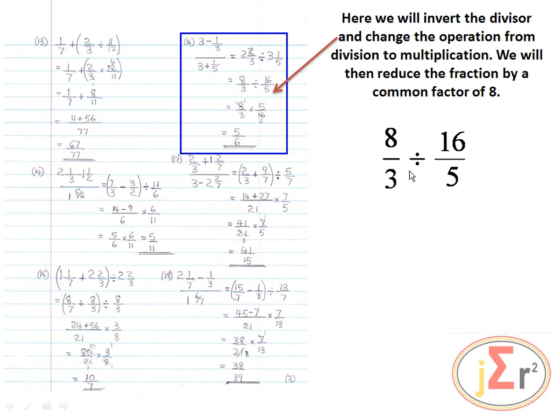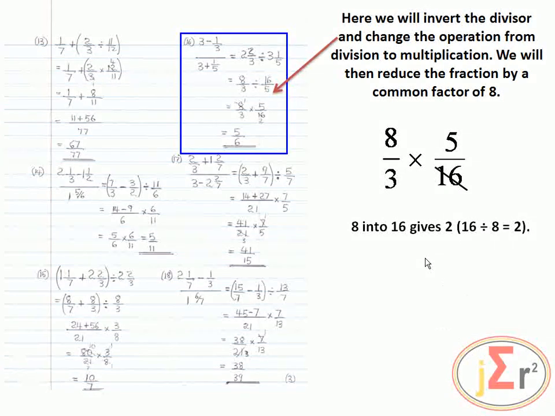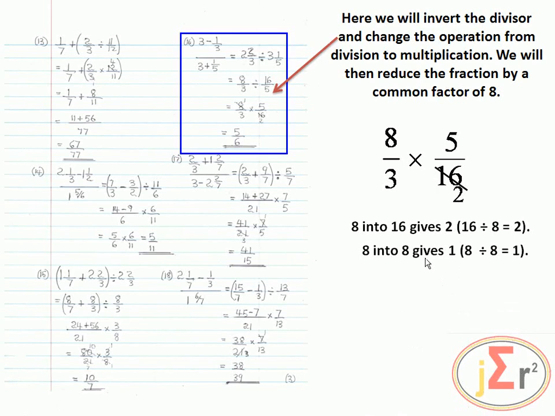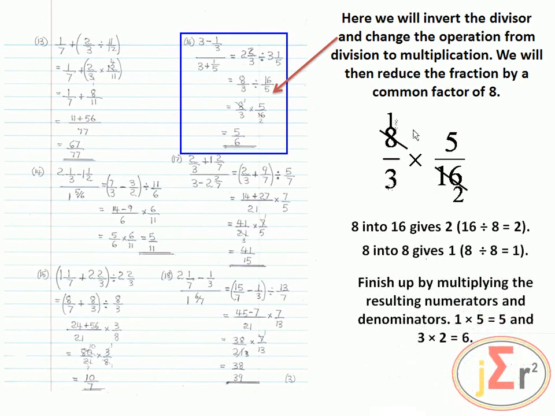So all we need to do now is reciprocate and change that to a multiplication sign, after converting those mixed numbers to improper fractions, and we will reduce by a common factor of 8. So 8 into 16 is 2, and 8 into 8 is 1. So all that we have is 1 multiplied by 5 is 5, and 3 multiplied by 2 is 6. All we have there is 5 over 6.